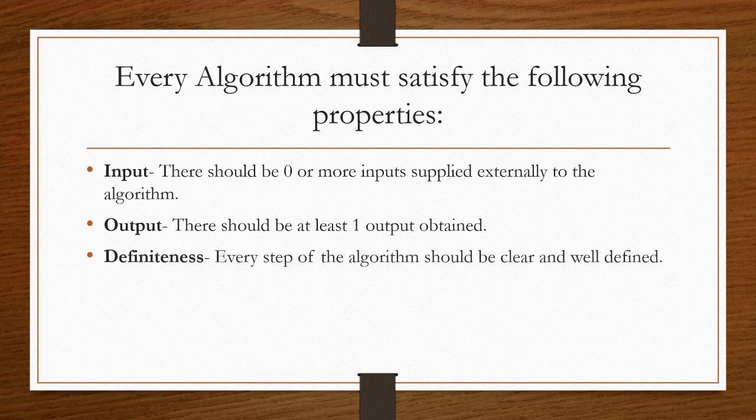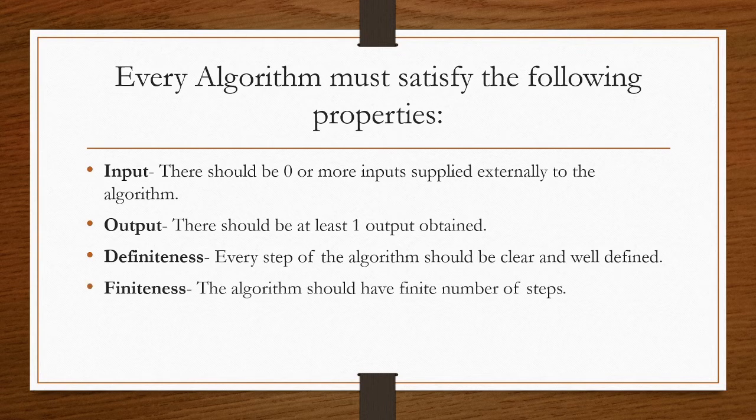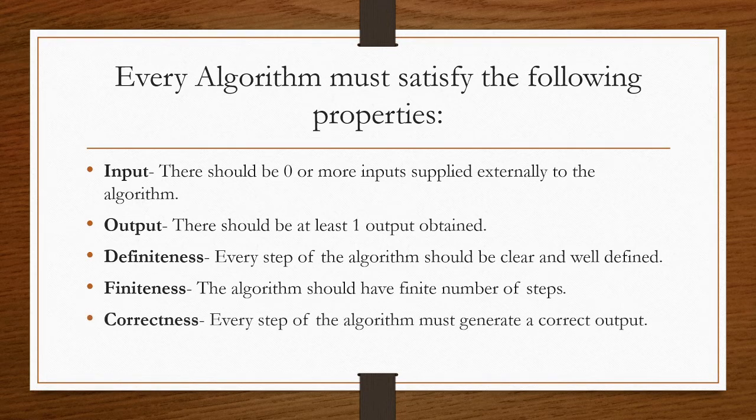Then definiteness. Each algorithm should be clear and well defined. Finiteness. An algorithm should have a limited number of steps. Correctness. Each step must generate correct output. A good algorithm must satisfy these 5 properties.